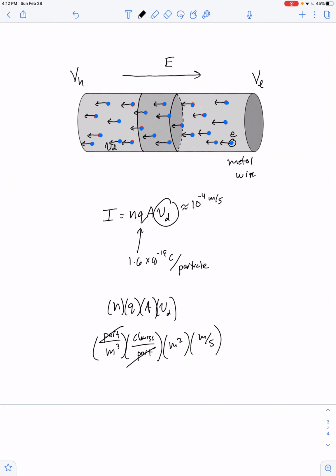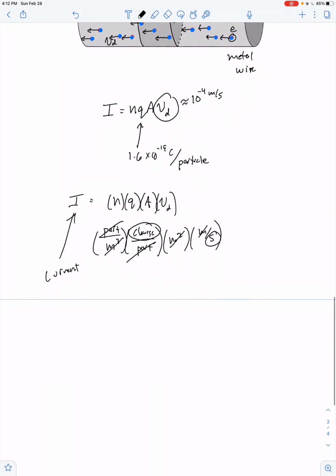Particle cancels out. Square meters times meters cancels cubic meters, and we're left with charge per second, or coulombs per second, which indeed is an expression of electric current measured in amps. 1 amp is the same thing as 1 coulomb per second.